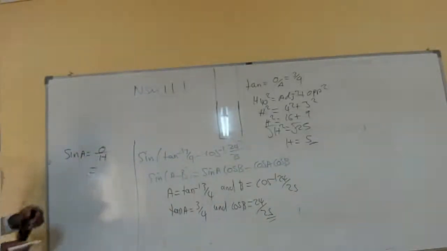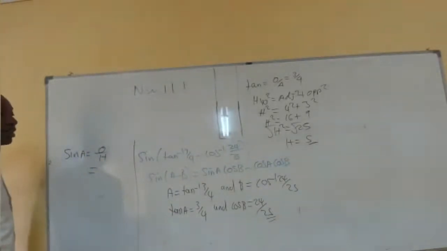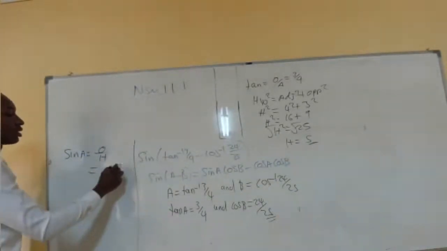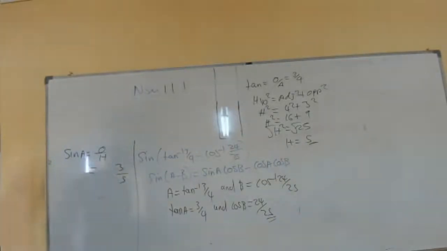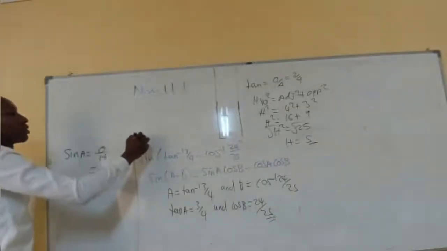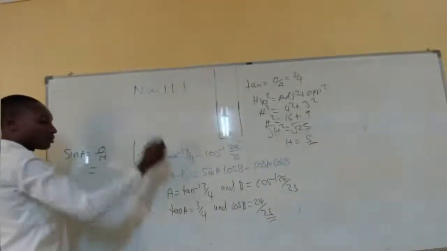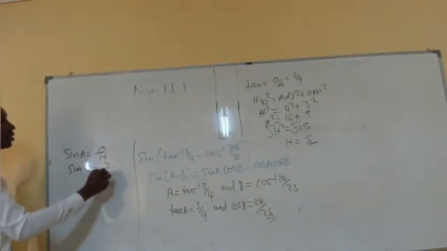Opposite has been given as 3 and hypotenuse has been found as 5. So the answer is 3 over 5, alright? So sine A is 3 over 5.